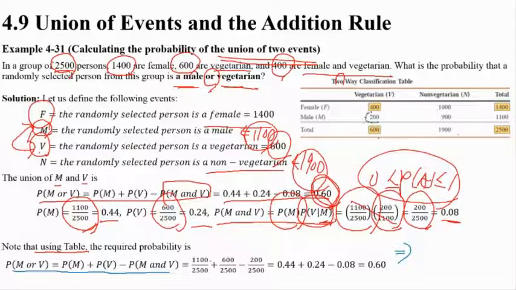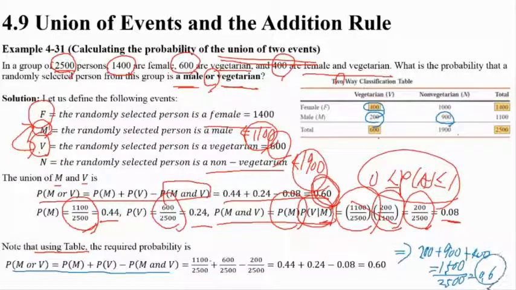Male 200, 900, which is 1100, right? So 200, 900, and there's vegetarian, which means 400 more, right? So 400. So total 1500 out of 2500, which means 0.6. Or do this one separately: male, vegetarian, subtract the intersection part, the 200 part.